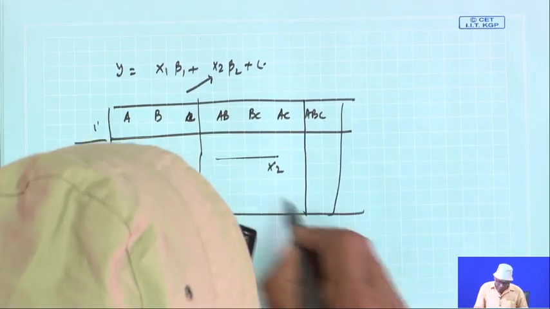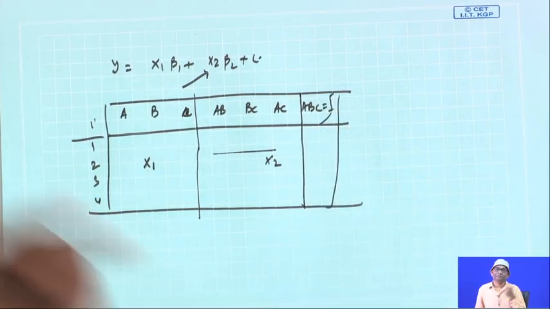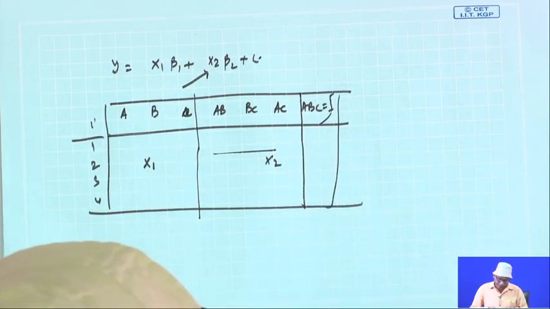Now, this is x2, ABC is equal to I with the beta 0 part.